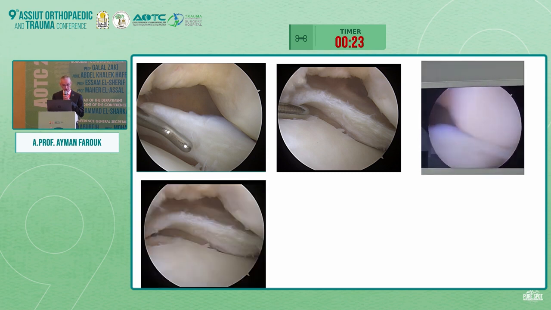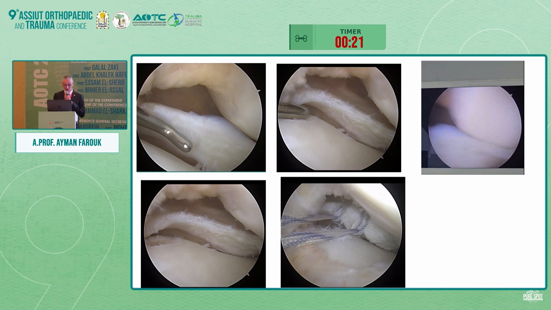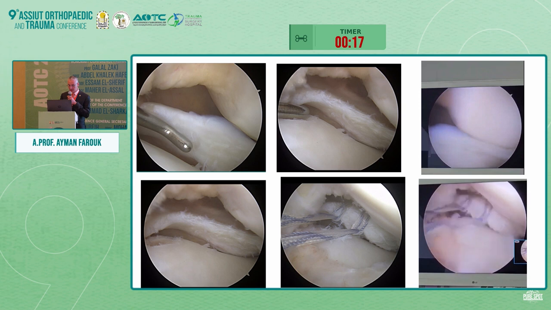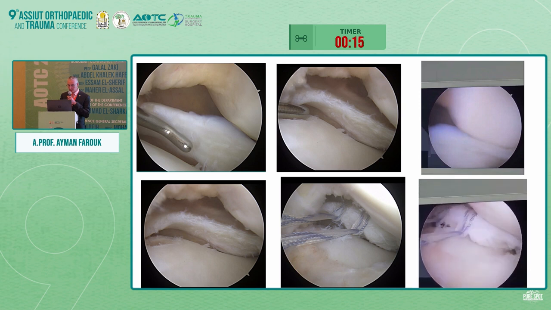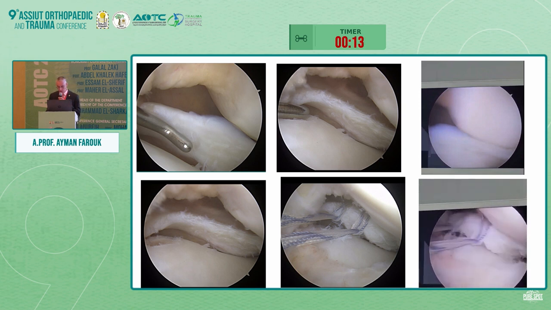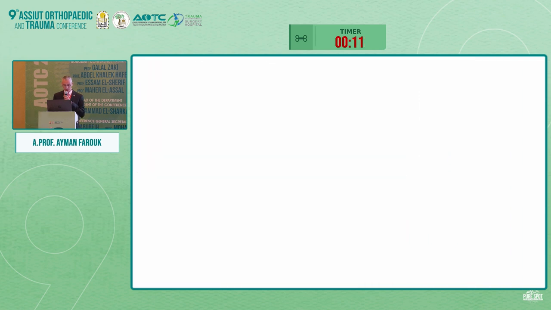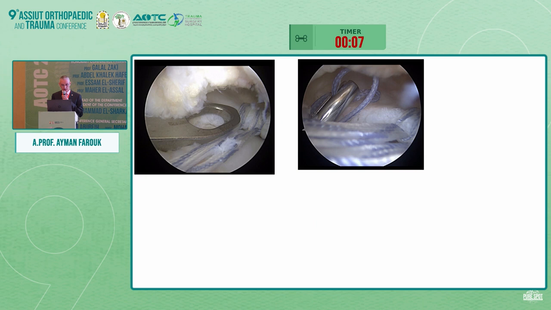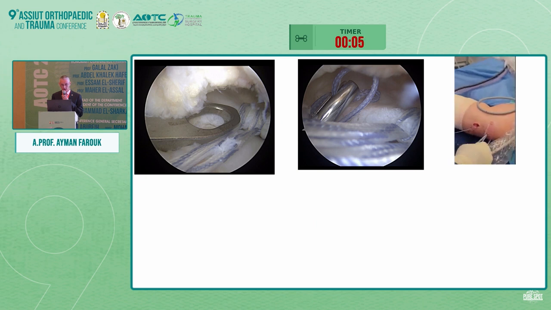I freshened the insertion of the horn. I placed the two fiber tapes again with the meniscus scorpion, and now you can see I am having the control. And when you position it, you see that the meniscus is not fully trimmed as we saw in the MRI. Again, using the ACL guide, I placed a guide wire and pulled out the sutures.